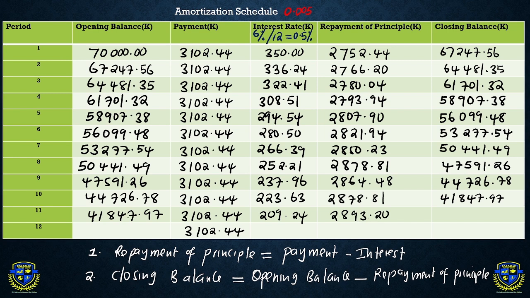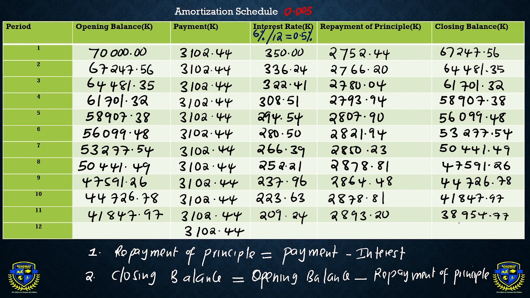Okay, so repayment of a principal of 2,893.20 being subtracted from 41,847.97. It's going to give us a 38,954.77.